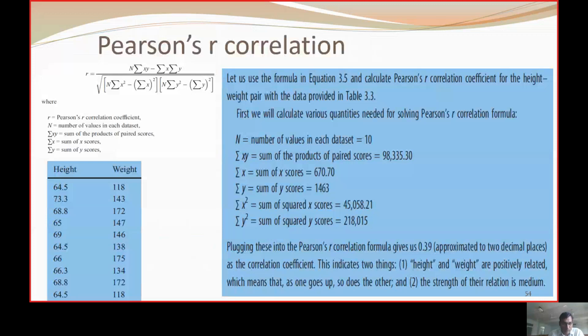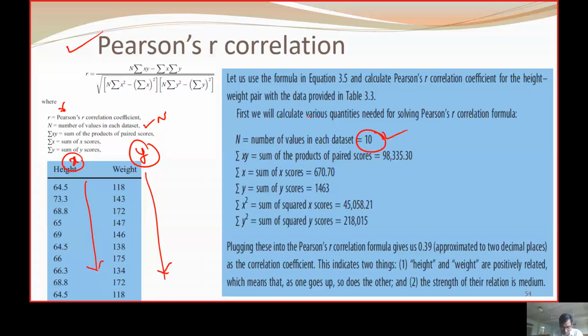So if I have 1, 2, 3, 4, 5, 6, 7, 8, 9, 10, we associate these, and we have two sets of values, one associated with an X column and another with a Y column. Now we need to figure out this Pearson coefficient.